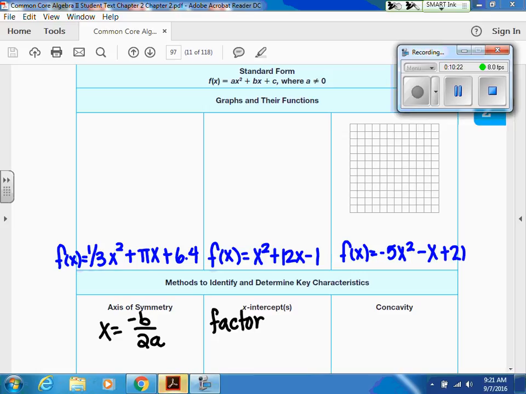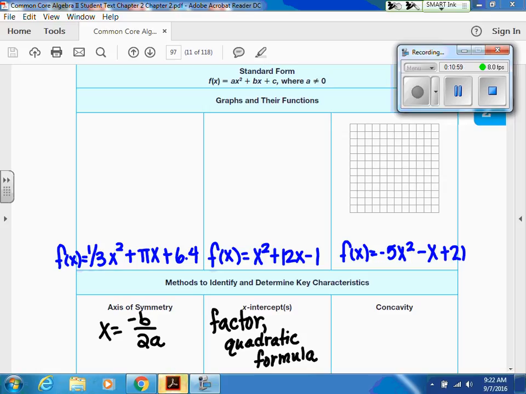Do you remember how to solve it if it doesn't factor? There's a formula. Here's a hint: the name of the chapter and then the word formula. Yeah, quadratic formula. So if you need the x-intercepts in standard form, then you either have to factor it or you have to use quadratic formula.